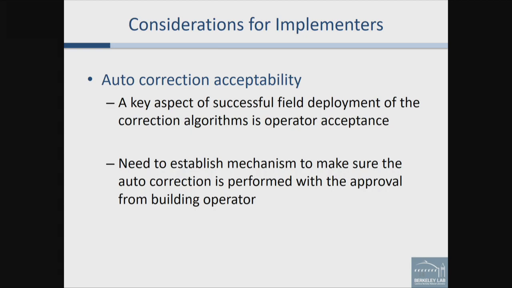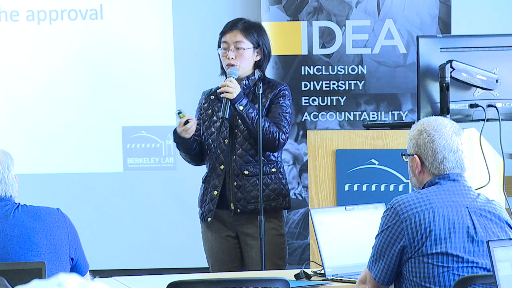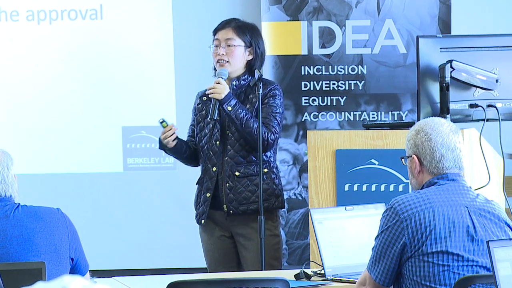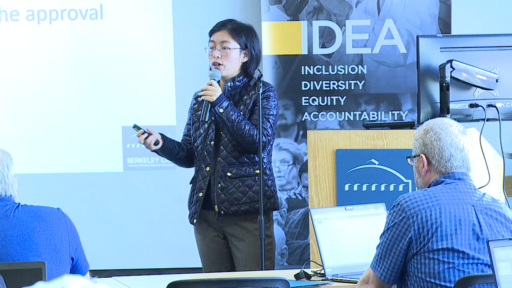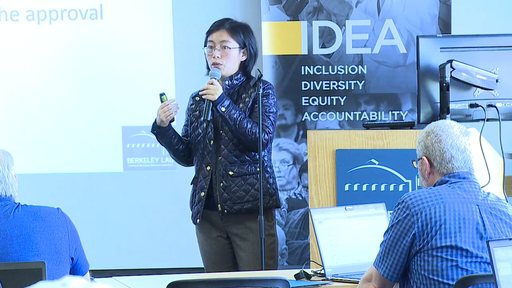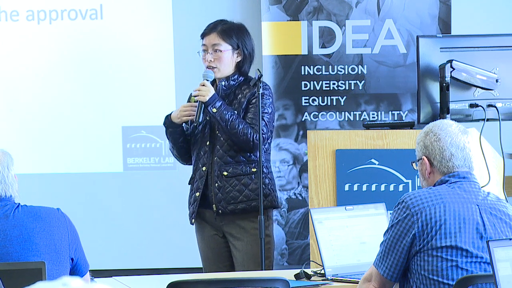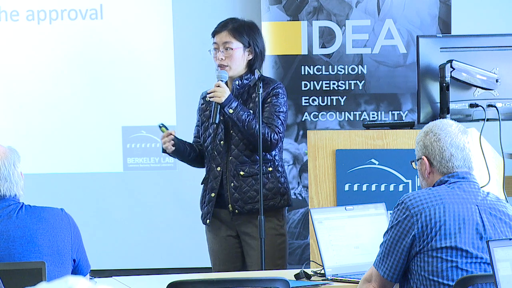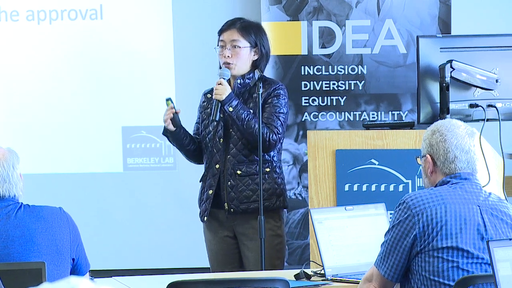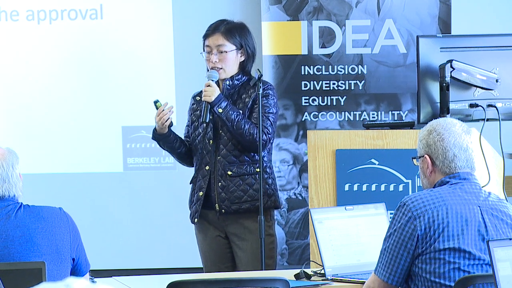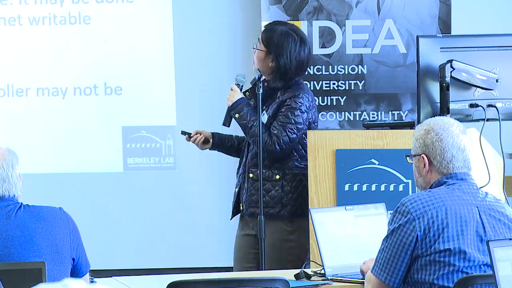For example, with an override: we observe an override and want to release it, but maybe this is an on-purpose override for a short test run by the building operator. So before we go forward with the auto-correction, we need to make sure the building operator understands the situation, and then go forward.